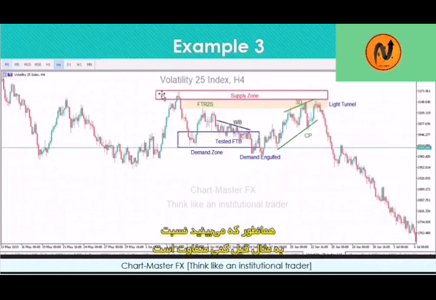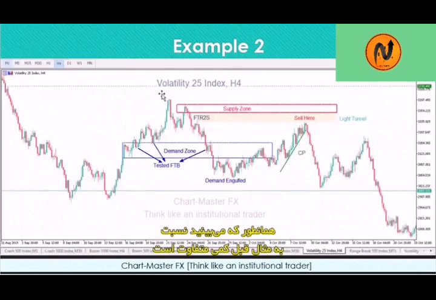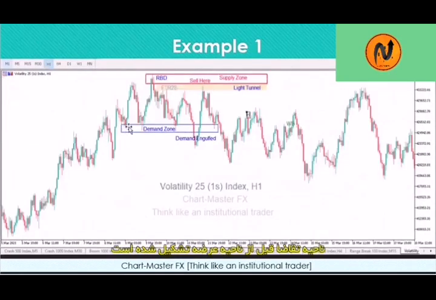So you can see that there is a little change in this example. As you can see before, the supply here was created after the demand zone, and on example number 1, you can see that this demand was created before the supply zone. So here you can see we have our demand.